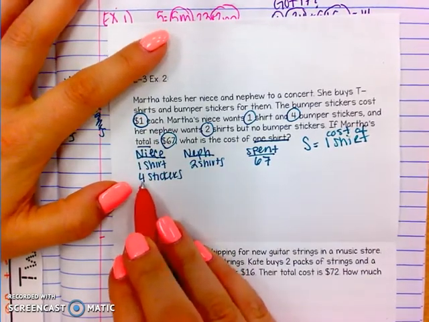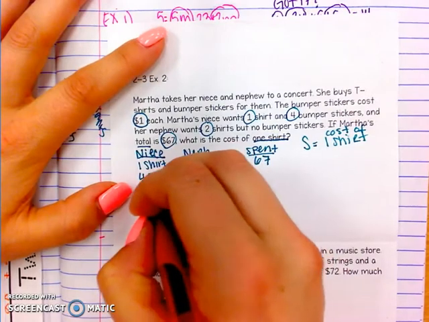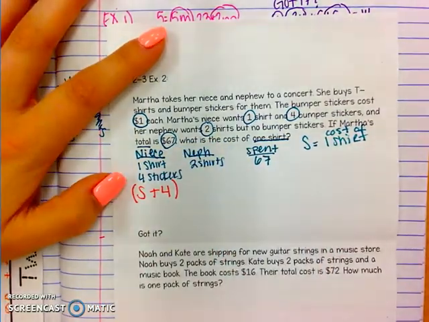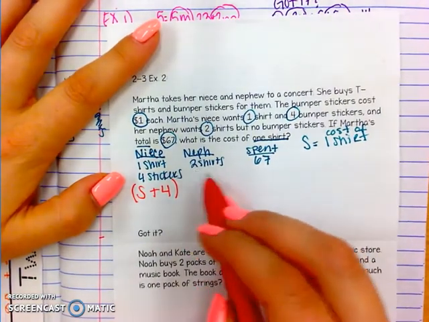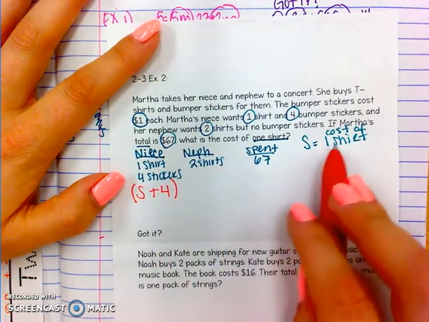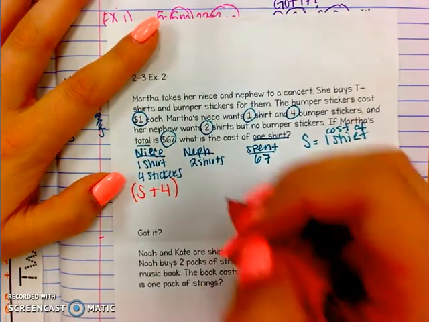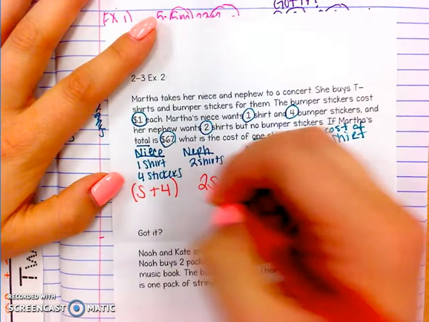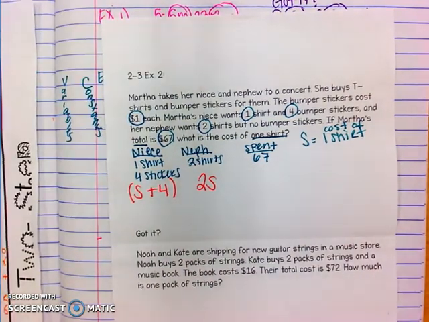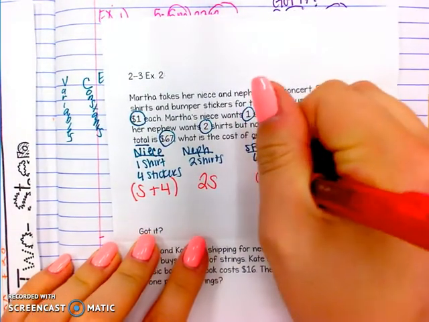So how much did all the 4 stickers cost? $4. That's what the niece got. The nephew got 2 shirts. Well, if it's 2 shirts, I'm multiplying the cost of the shirt by the number that he got. That's 2S. And the total spent was $67.